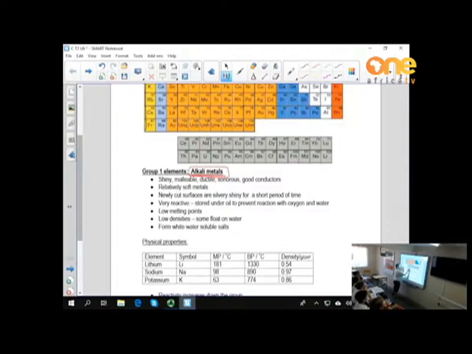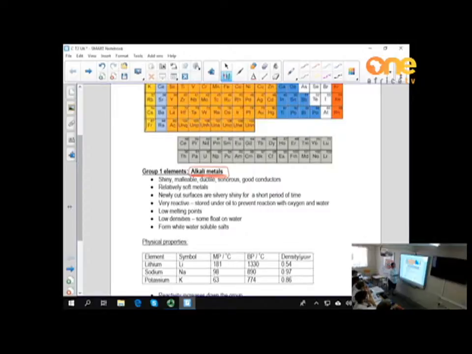The reason is they react very vigorously with water, and when they react with water, they form the metal hydroxide. For example, if I add a piece of sodium to water, it forms sodium hydroxide. Sodium hydroxide is water soluble and basic, so it forms an alkaline solution. So we call all of them alkali metals.